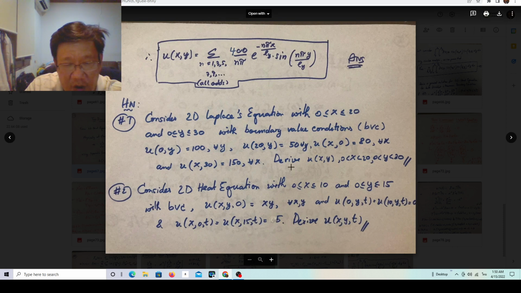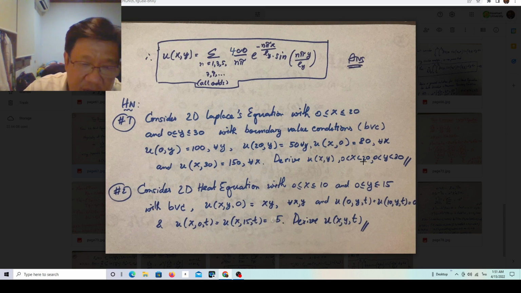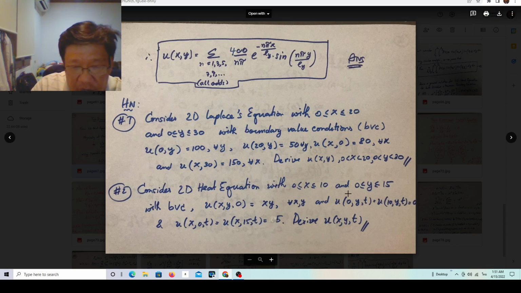We want you to derive u of x y when x and y are in that range, excluding the lower and upper limits of both domains. And in the same way, if we assign numerical values, we can also do the two-dimensional heat equation.